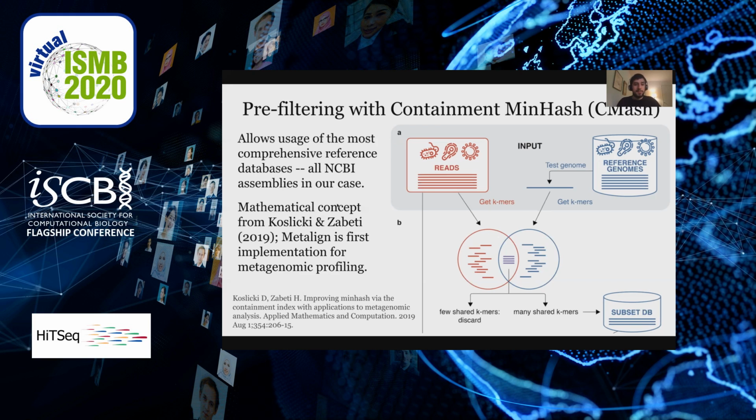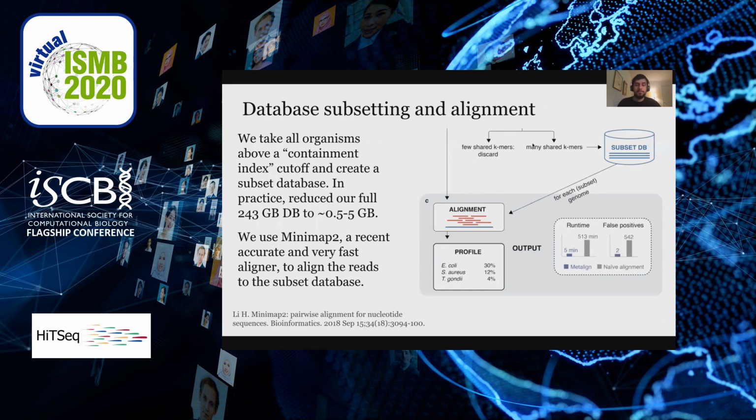And so the mathematical concept of containment min-hash was introduced, as I mentioned, by Koslicki and Zabeti in 2019. But Metalign is kind of the first method to put it into practice anywhere, and in this case, into metagenomic profiling. So basically what we do is we take each genome from the reference database, SMASH computes the containment index, and then we keep organisms with a containment index above a certain cutoff and retain them in our subset database.